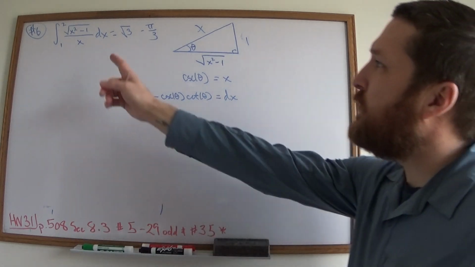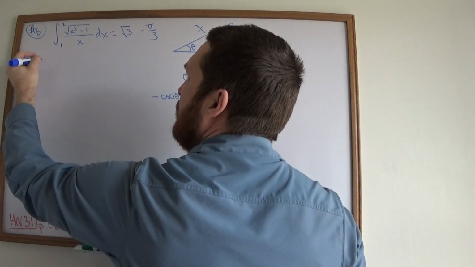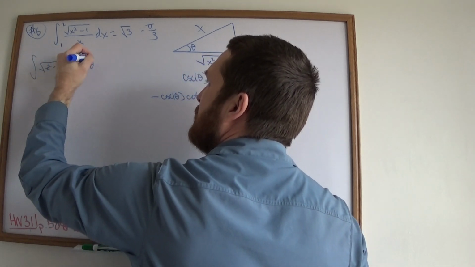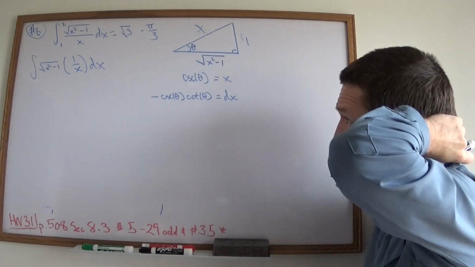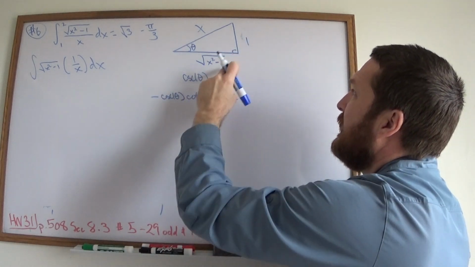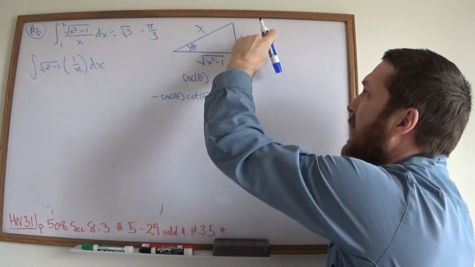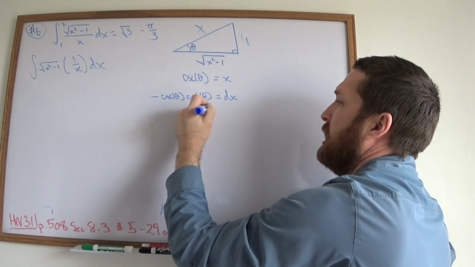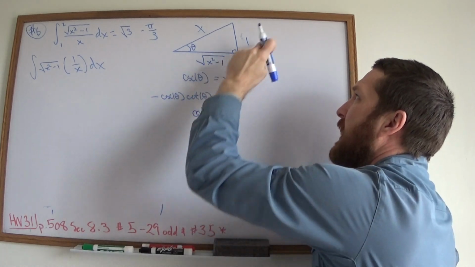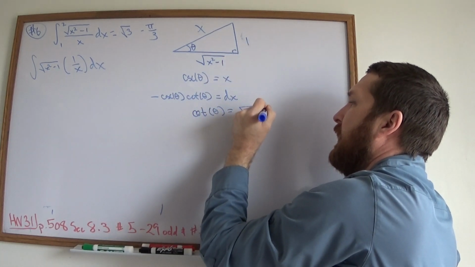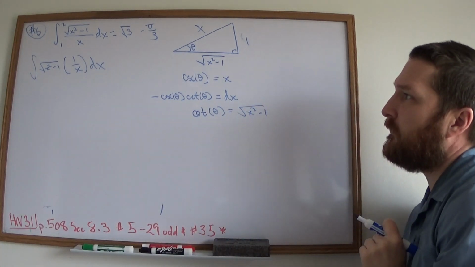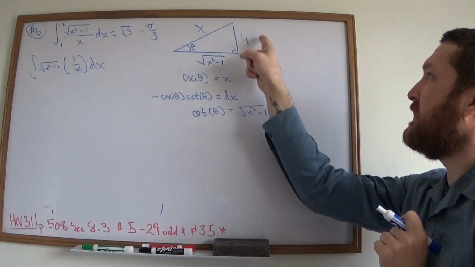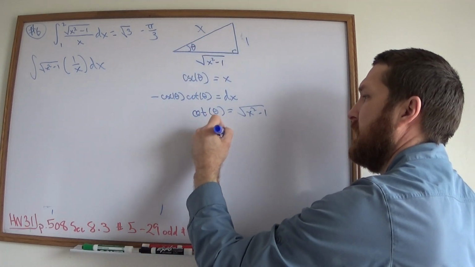Now we need to break this up and say, okay, this is the same thing as this. Break it into pieces. Now, how do I get, I guess it's that over that, cotangent theta is that over that. Yeah? Now the 1 over x would be sine theta.